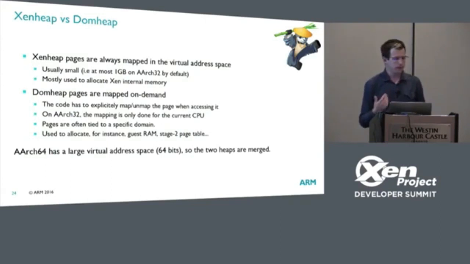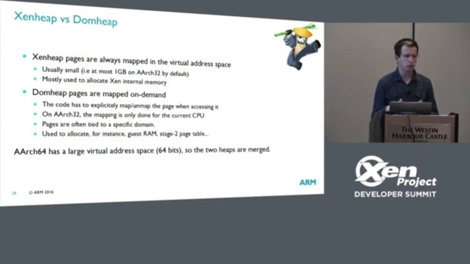On ARM32, the DOM heap is per CPU, so when you map something, you will only map it for the current CPU. You won't map it on the other CPUs. If you want to map for all the vCPUs, you will have to use vmap. Those pages are often tied to a specific domain, so it's where we allocate the guest RAM.